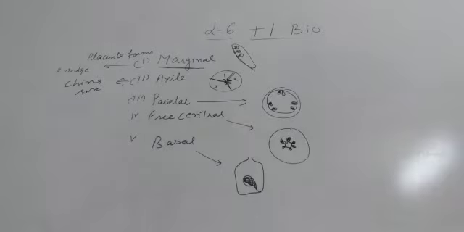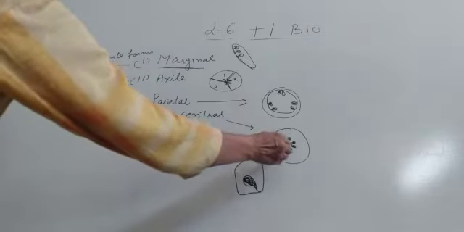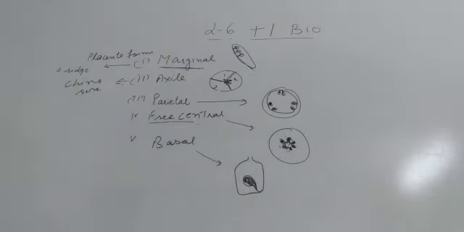Then last is basal. Next is free central. In this case, you will find that the placenta is free in the center and ovules are attached on it. And the next is the basal.